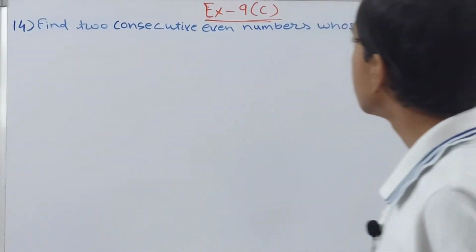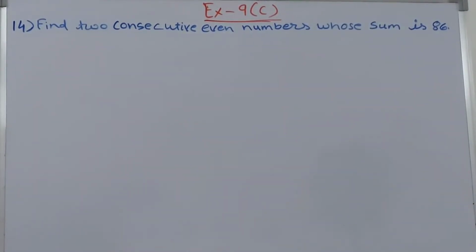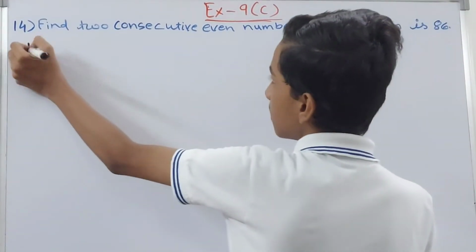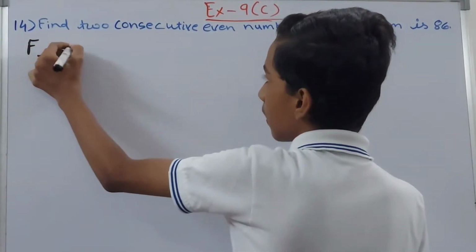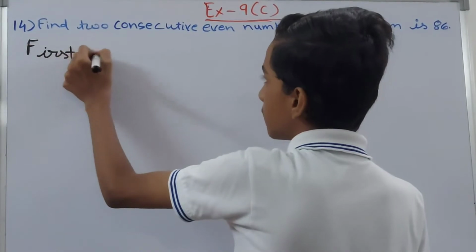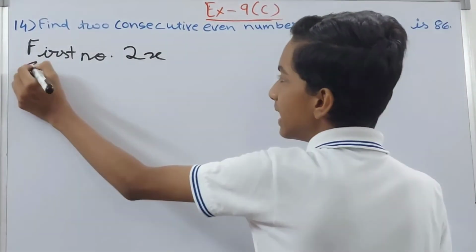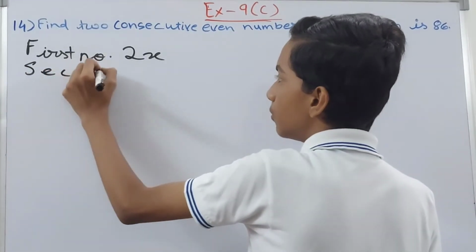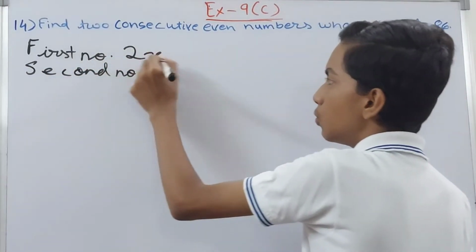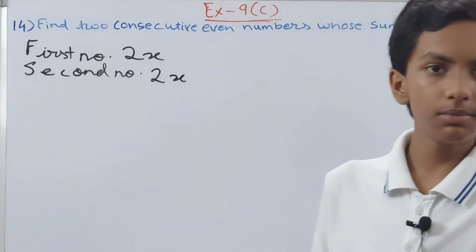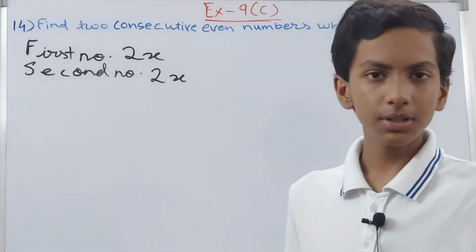This is: find two consecutive even numbers whose sum is 86. Again we will first of all assume the first number, right? First number, so this becomes 2x, right? And then in the second number, what are we going to do? So 2x is our first number, second number will be 2x, but one change will be there, that 2x plus 2.